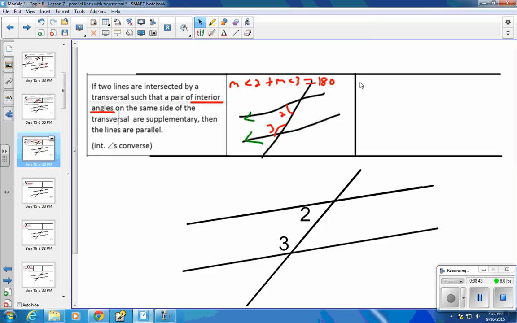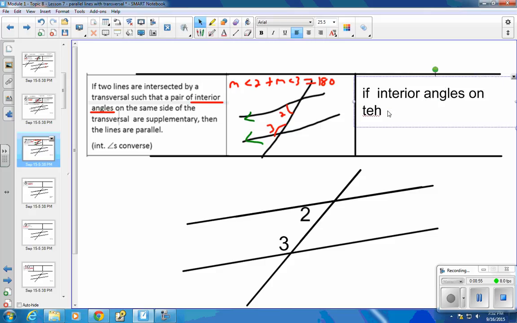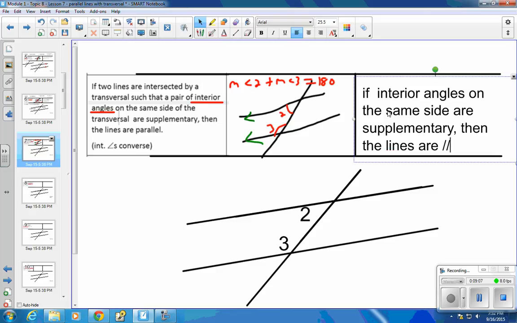So I say if interior angles on the same side are supplementary, then the lines are parallel.